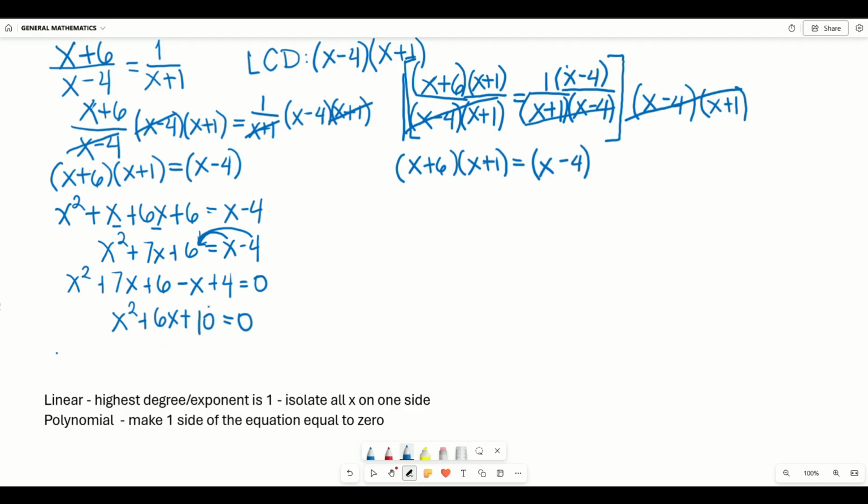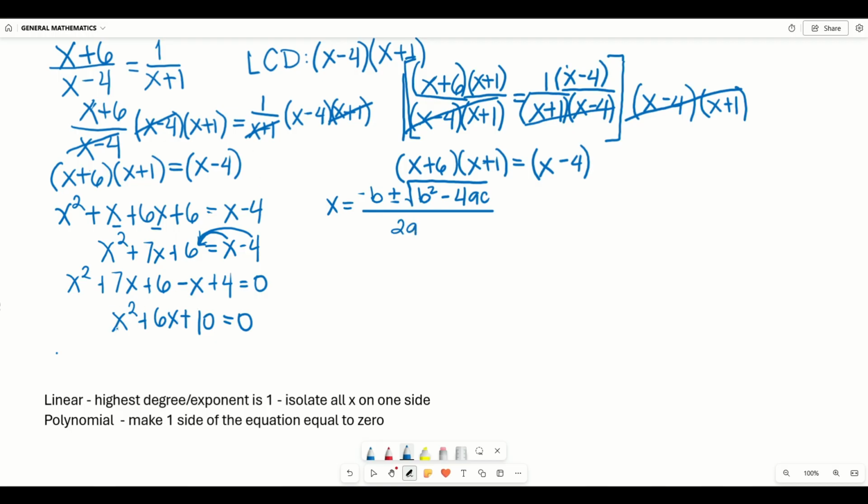So what we can do is, we can use the quadratic formula. So we'll have x is equal to negative b plus and minus the square root of b squared minus 4ac all over 2a.